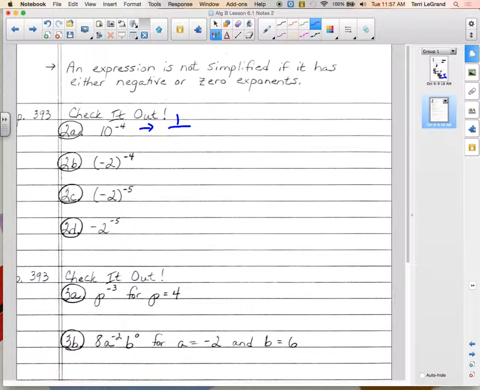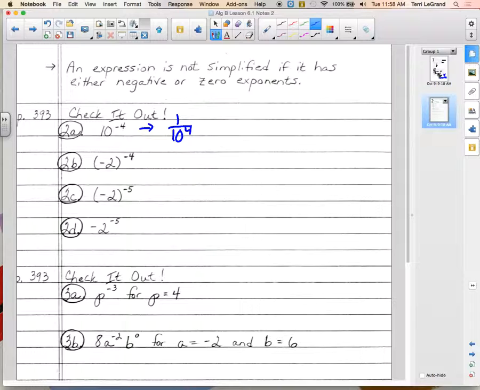And our n is -4. So downstairs it becomes a +4. So 10 to the +4 power. There was a negative sign in front of it, so it's just like x to the -n power. So it gets rewritten as 1 over 10 to the 4th.